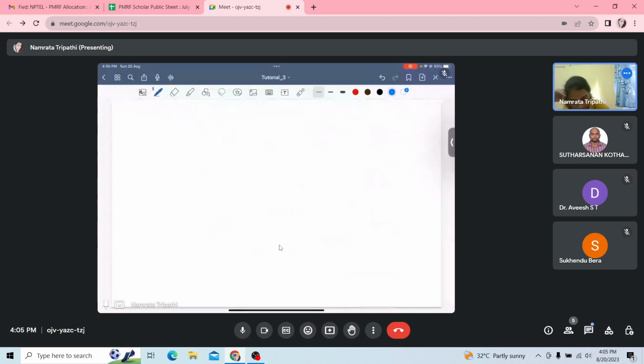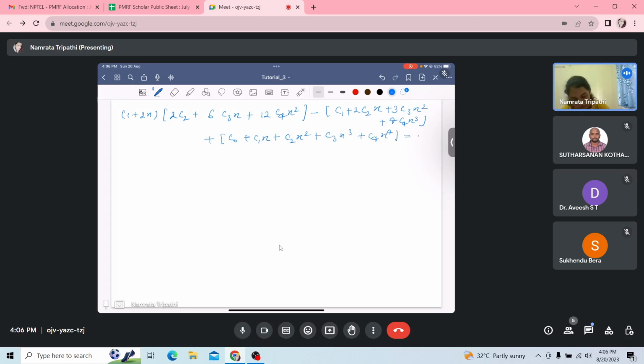So after putting these values, we get 6 and C1 plus 2C2x, and what is the value of y of x? C0 plus C1x plus C2x squared plus C3x cube plus C4x to the power 4, equals 0.